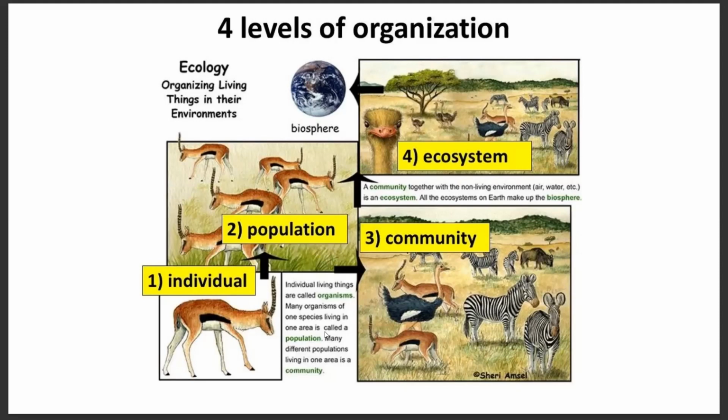So in this hierarchy, in this order, individual is the first level. It can be any living organism or any living thing, right? So this living organism has its own physiology, right? Then it has its own evolution and its own behavior according to the environment it lives in.